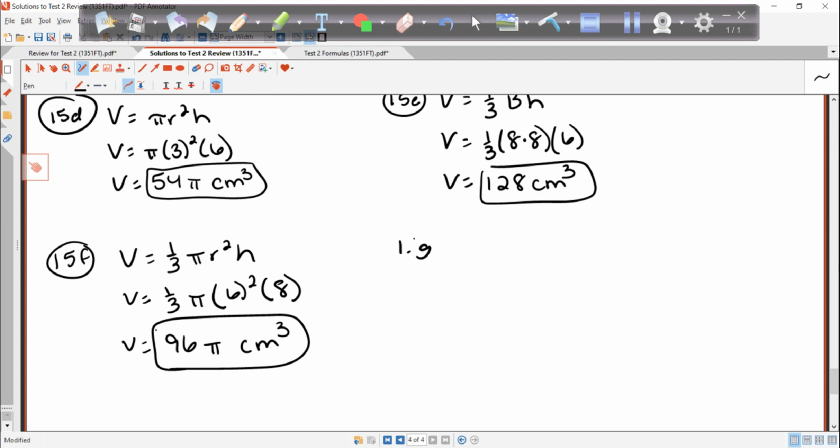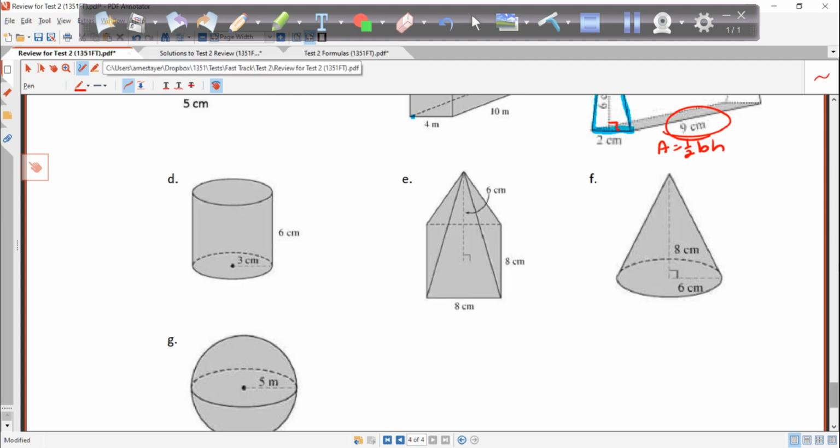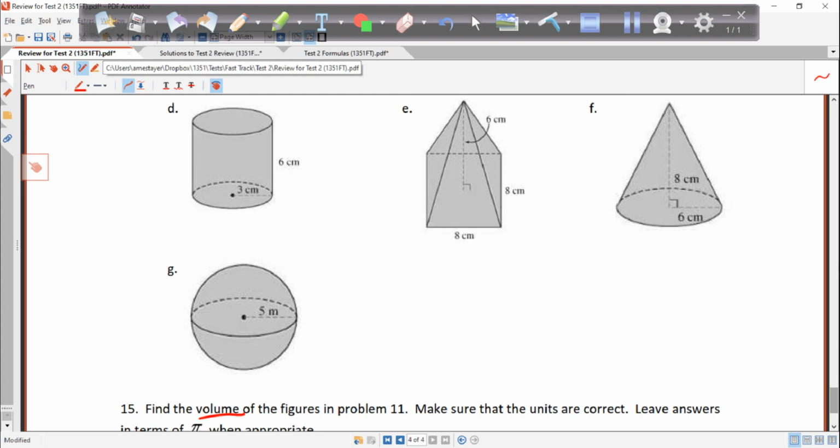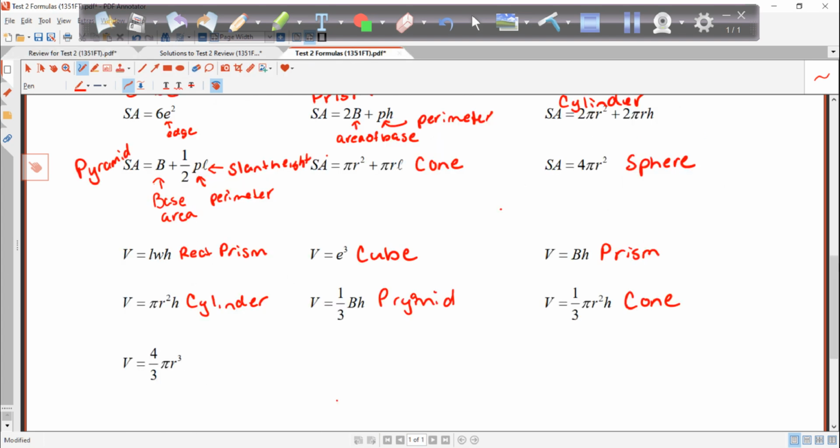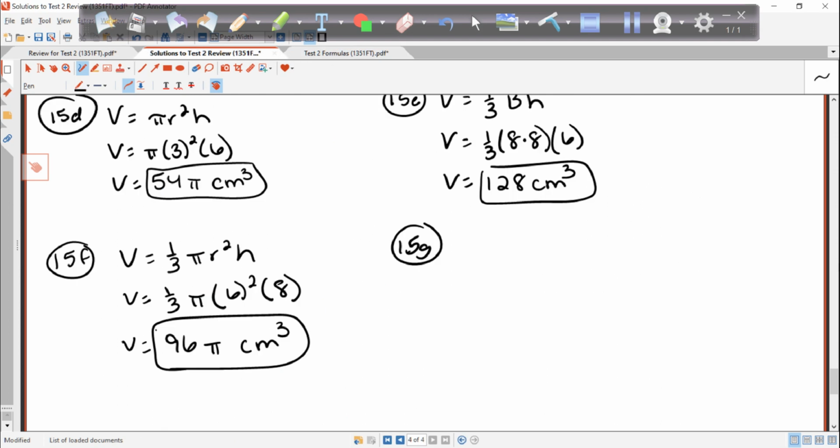And last problem, part G. Back to our giant basketball with a radius of 5 meters. And so the formula is 4/3 pi r cubed. So I've got 4/3 pi 5 cubed.